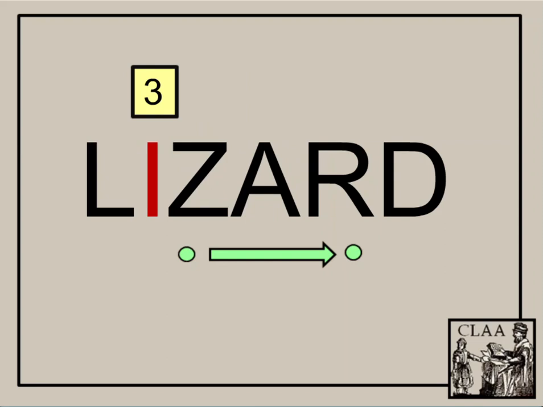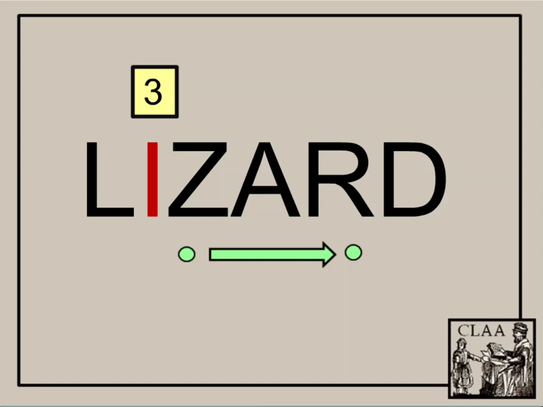Again, in this lesson we learned that the letter I, when it comes before a single consonant in a stressed syllable, should normally be read with the sound I, as in China. If we look at this word, we can see that the letter I comes before a single consonant, Z. The letter I in this word is also in a syllable that is stressed.